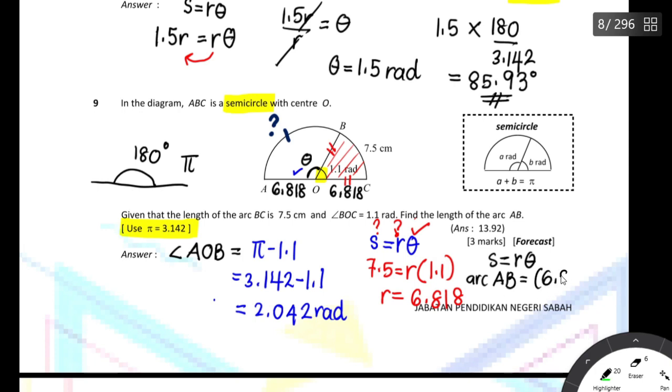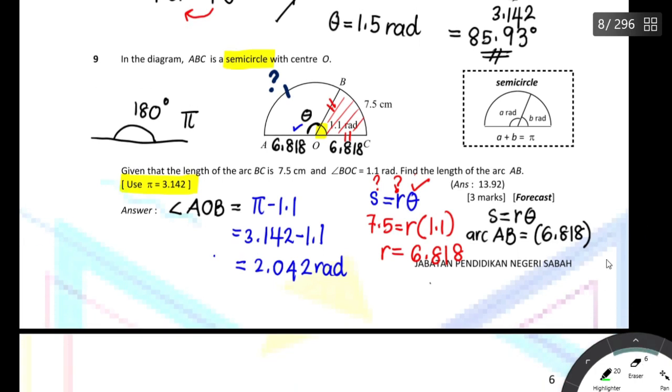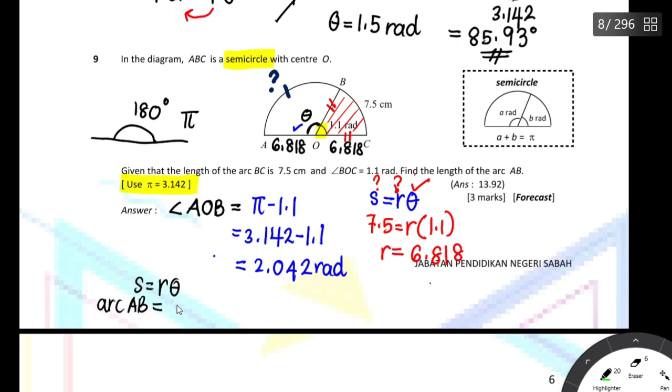Radius is 6.818, and our theta is 2.042. We're just going to write it down here. S equals R theta. That means the arc AB equals R is 6.818 and theta is 2.042.